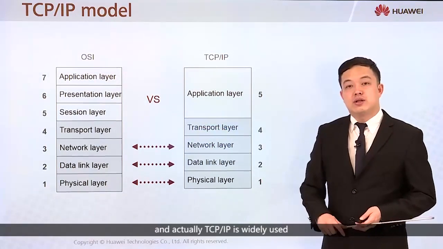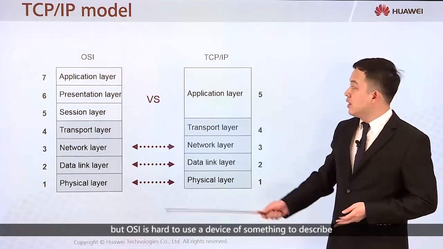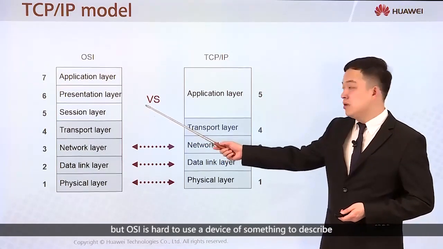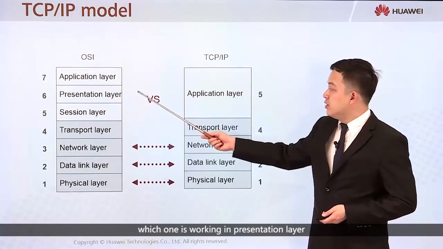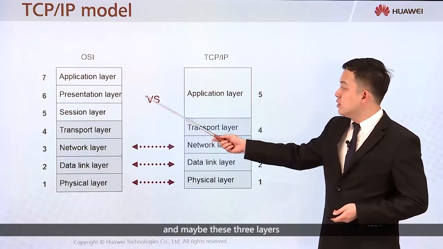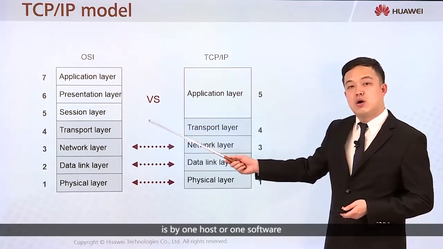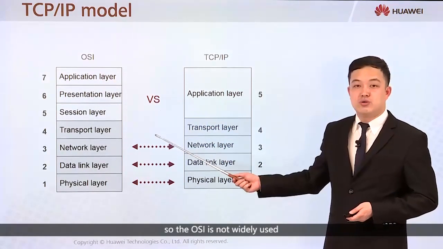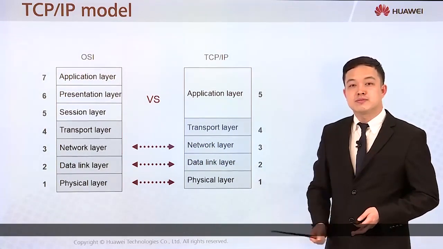Actually, TCP/IP is widely used, but with OSI, it's hard to use a device or something to describe which one is working in the presentation layer, which one is working in the application layer. Maybe these 3 layers are handled by one host or one software. So OSI is not widely used. TCP/IP is our current standard.